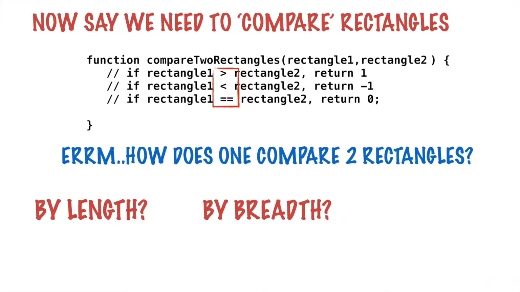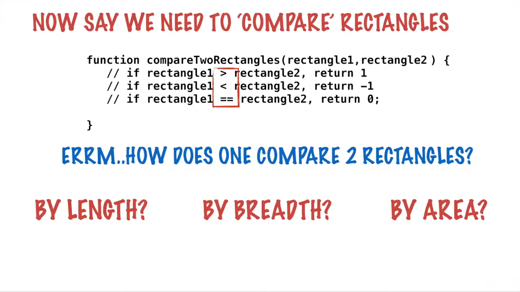Or you could say I want to compare rectangles using their breadth. If the breadth of one rectangle is smaller than the breadth of another, then the first rectangle is smaller than the other. Or you could say I want to compare by area. Areas of two rectangles are equal, the rectangles are equal. This choice is yours. As a developer, you could choose how you want to compare the rectangles.